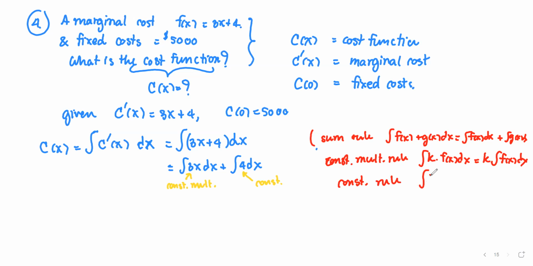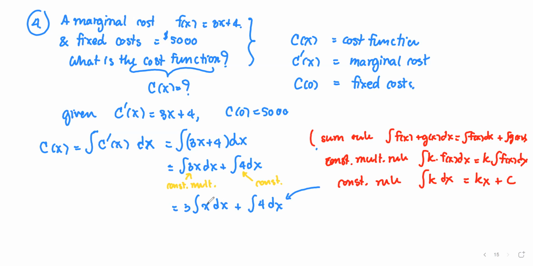The constant rule is the integral of k with respect to x equals k times x plus the integration constant, or constant of integration. All right, so the first term, we have the constant multiple multiplied by the integral of x with respect to x. The second term is just the constant function, and we're going to use the constant rule for the second term.